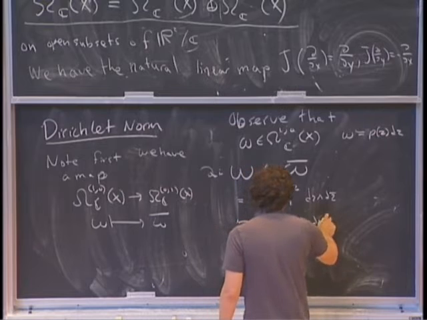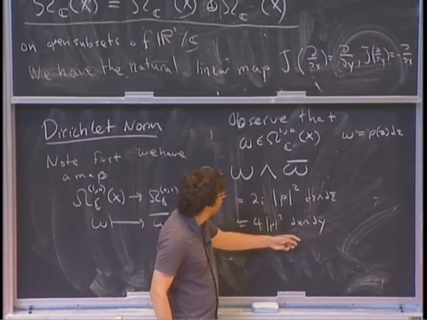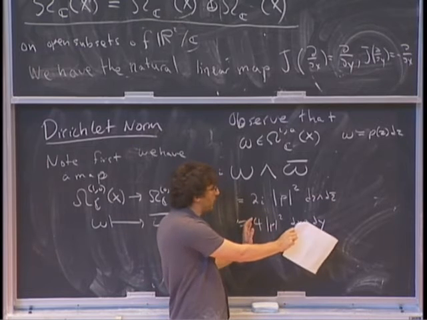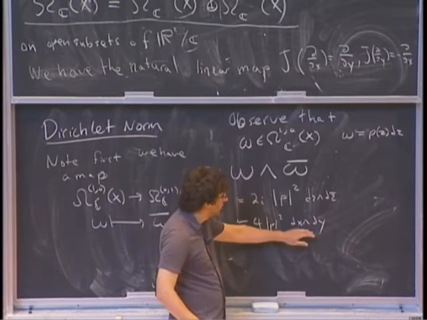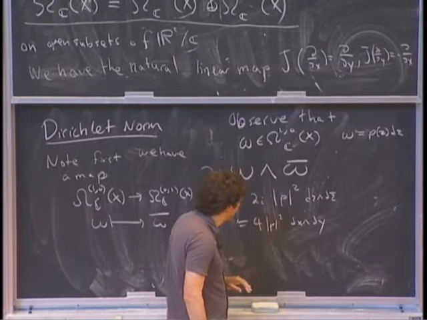Right? So the point is, at least in local coordinates, this is positive in the sense that it's the volume form times a positive, or non-negative, number.